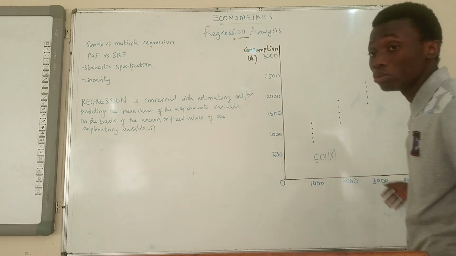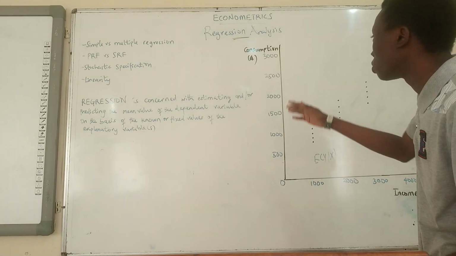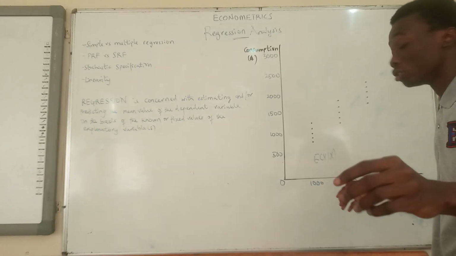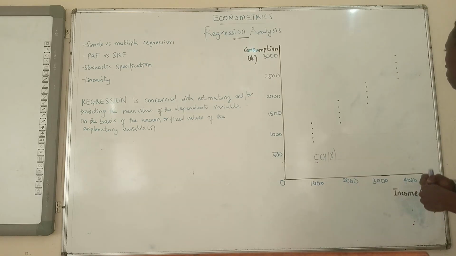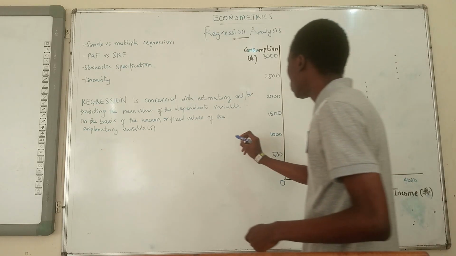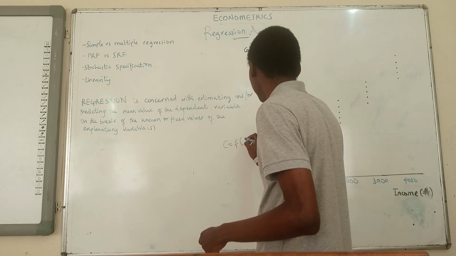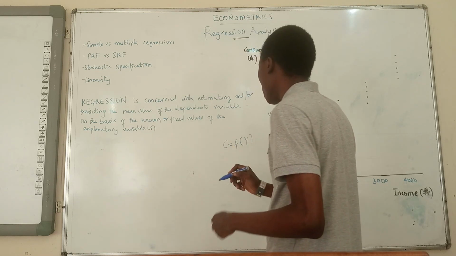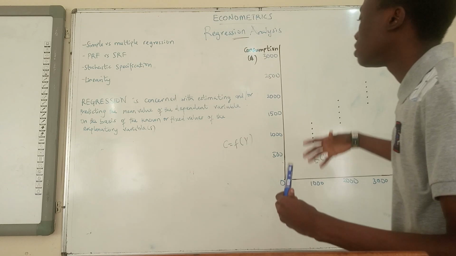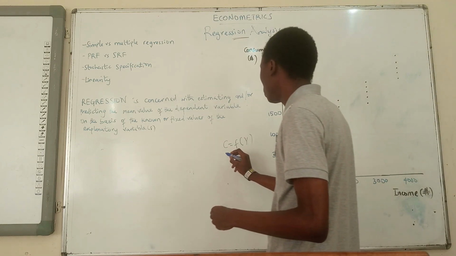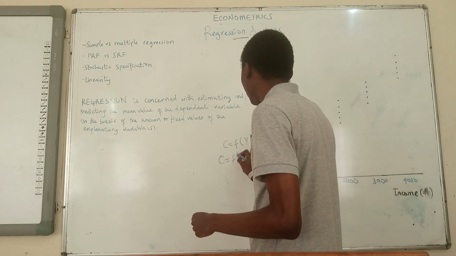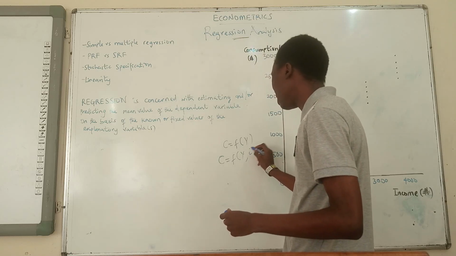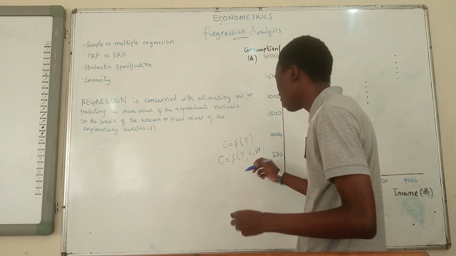In this case, it's just a two variable case, the simple case, with consumption being a function of income. But if we look at it from the multiple variable case, we could say consumption is a function of, say, income, interest rates, wealth.